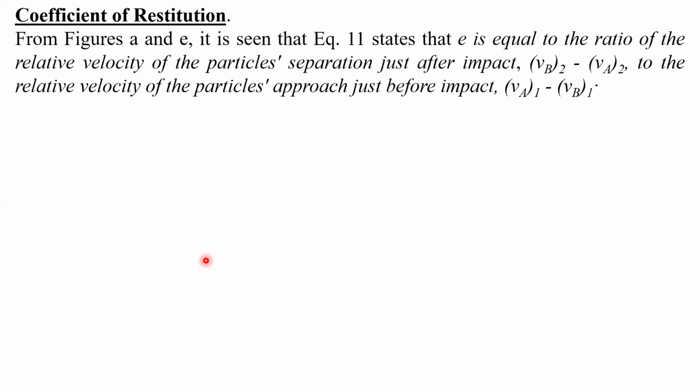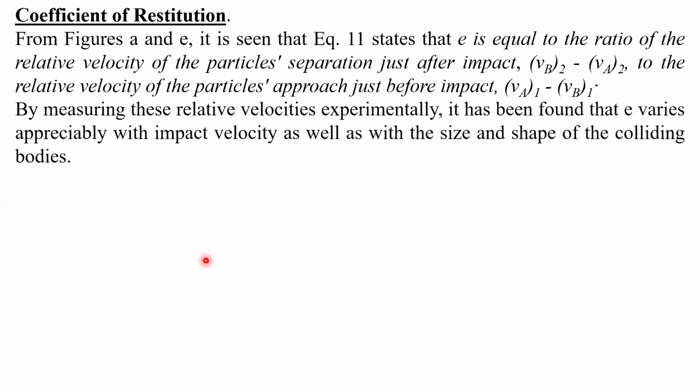Coefficient of restitution. From figures A and E, it is seen that equation 11 states that E is equal to the ratio of the relative velocity of the particles' separation just after impact, that is VB2 minus VA2, to the relative velocity of the particles' approach just before impact, VA1 minus VB1.